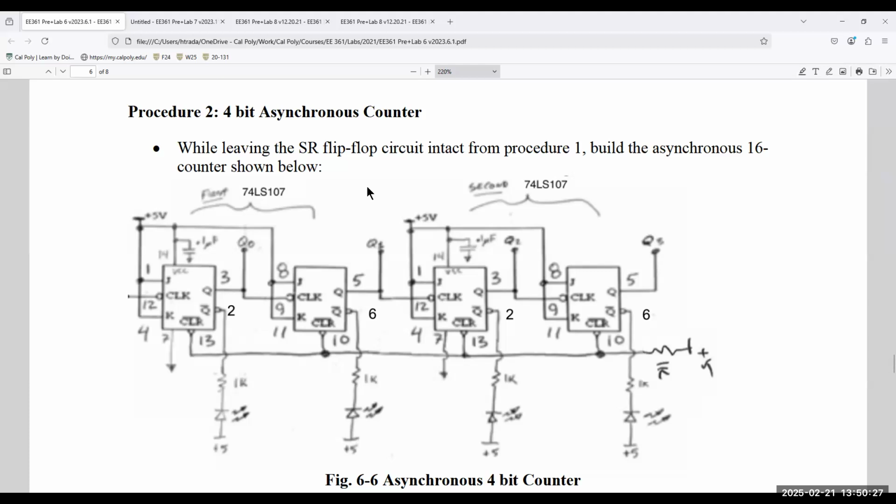And you'll have LEDs. The LEDs are connected to Q0 output. So the cathode is connected to Q0. When Q goes to 1, Q0 goes to 0. Right? Since Q is fed as clock to the second one, we don't want to interfere with that. So we connect the output to Q0. So when Q goes to 1, Q0 should turn on the LED.